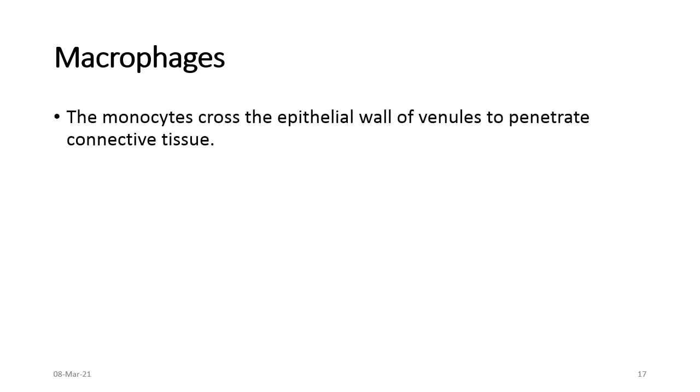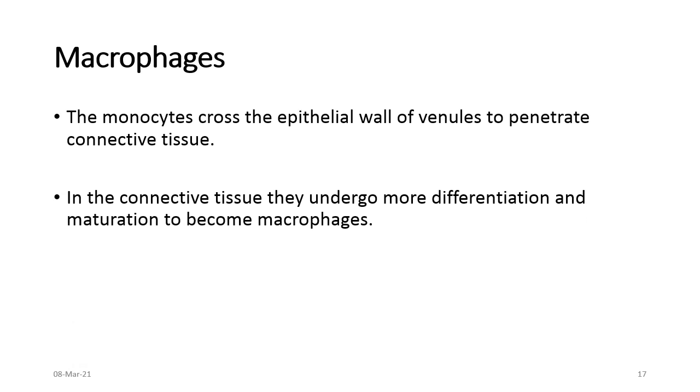The monocytes cross the epithelial wall of the venule to penetrate connective tissue. And in the connective tissue they undergo more differentiation and maturation to become macrophages. As we said, monocytes originally come from bone marrow precursor cells.